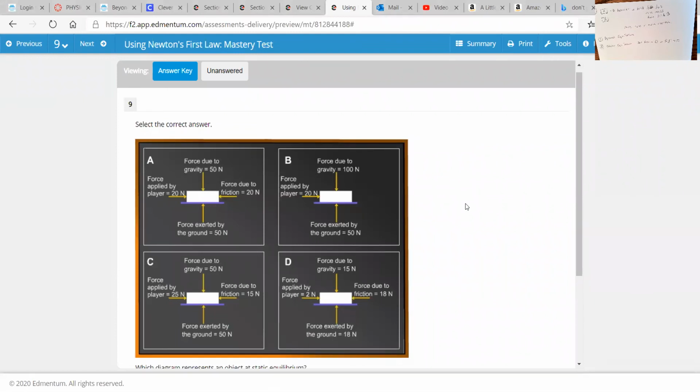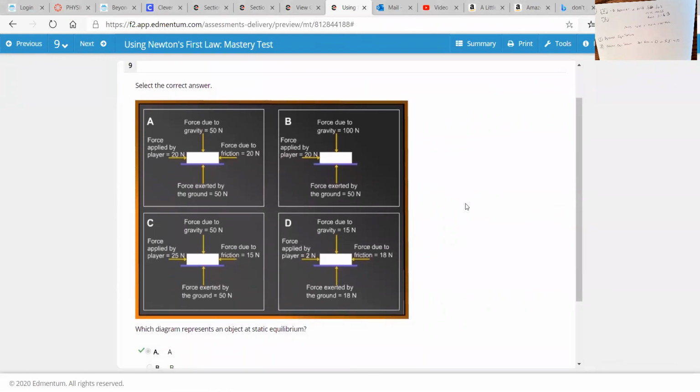Now we're given free body diagrams. Which diagram represents an object at static equilibrium? So for an object at static equilibrium, all the forces have to cancel each other out, right? If this force is going down, there has to be an equal and opposite force in the opposite direction, okay?